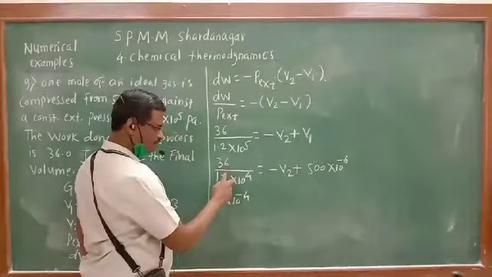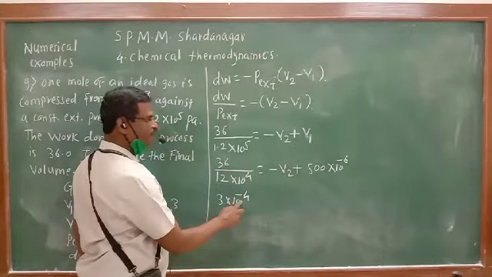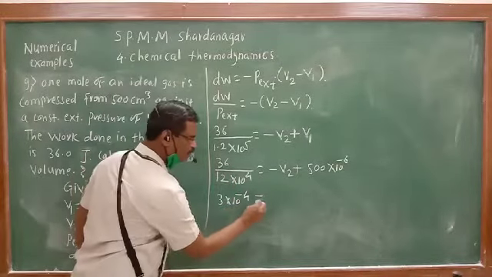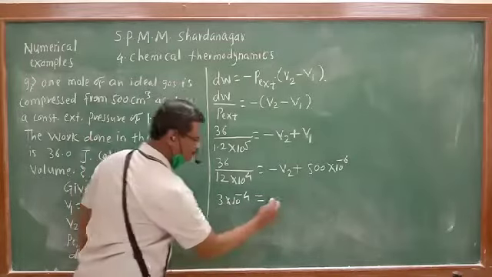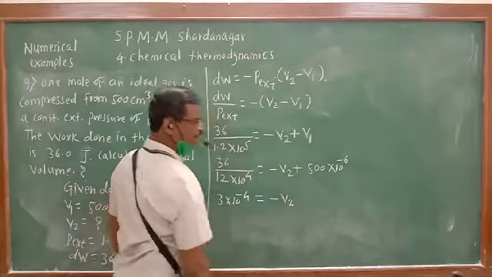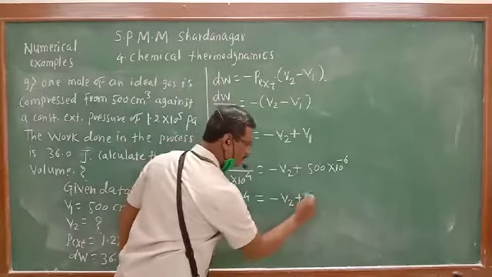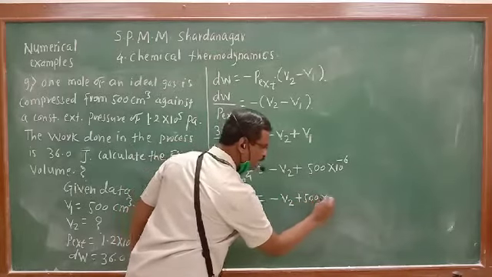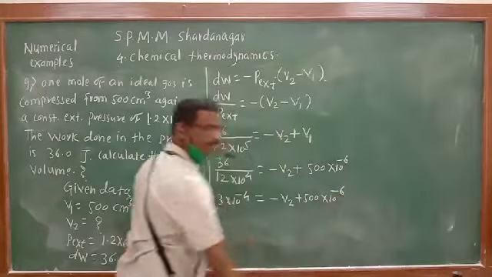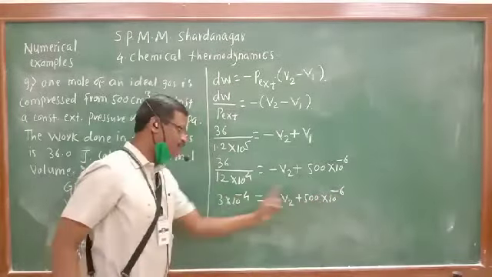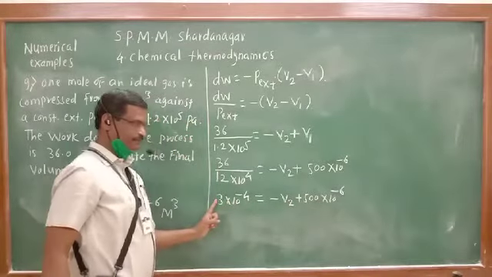This is 3 into 10 raised to minus 4 is equal to minus V2 plus 500 into 10 raised to minus 6.